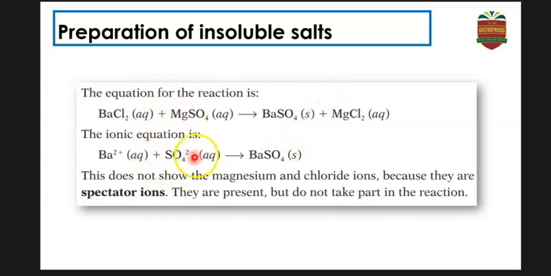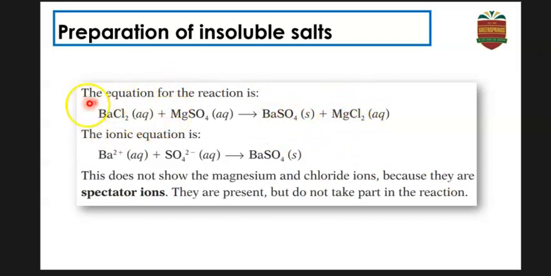Okay, so writing the ionic equation for this is also pretty simple. You can see here we have a chloride on this end, and here we also have chloride ion. So we remove chloride ion because it's a spectator ion. It's unchanged on both sides. We have magnesium ion here, and on this other side too we have magnesium ion. So it's a spectator ion. We cancel it out.